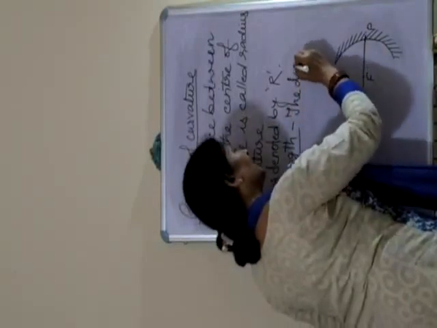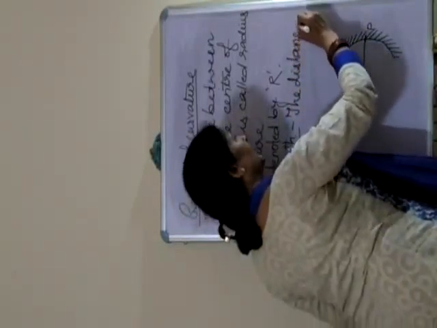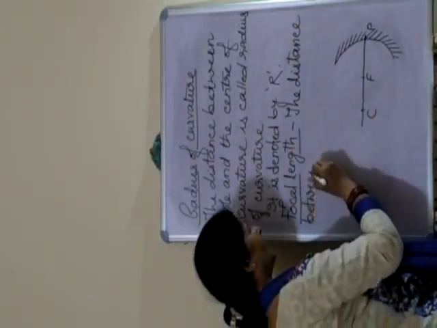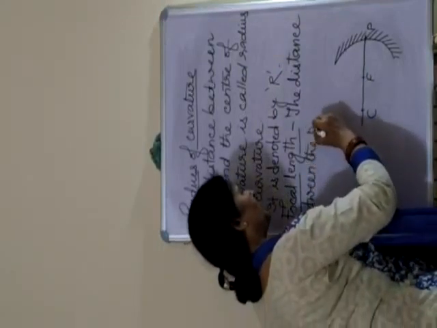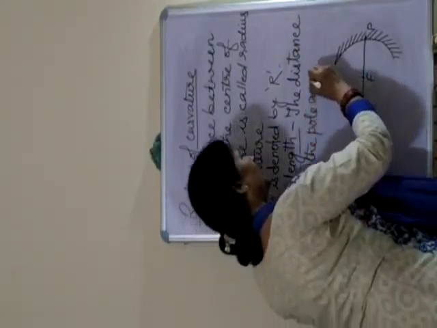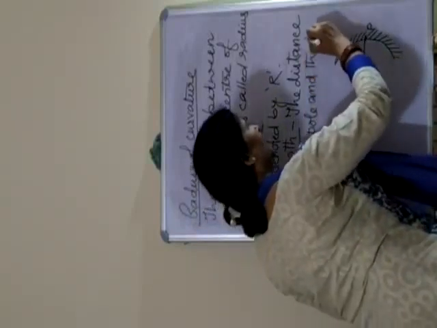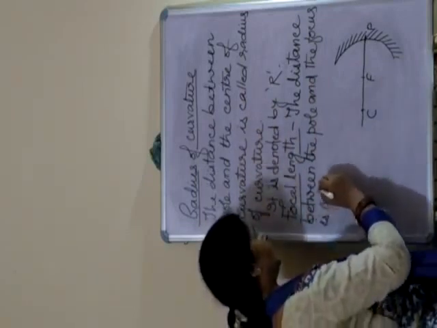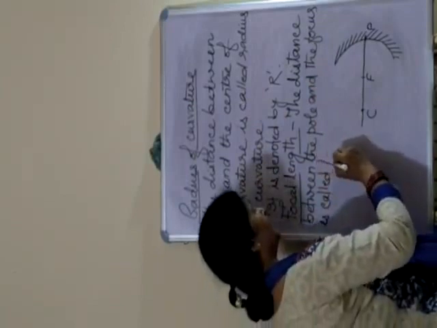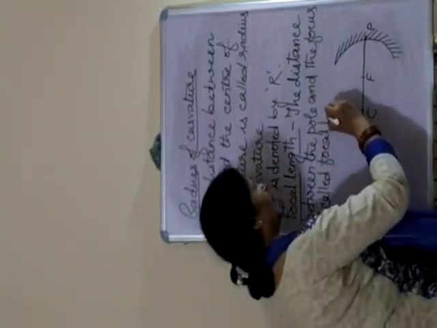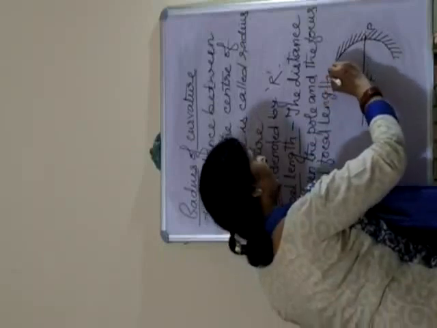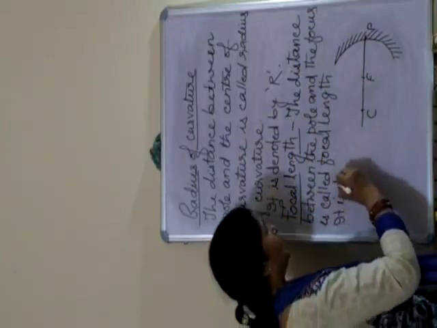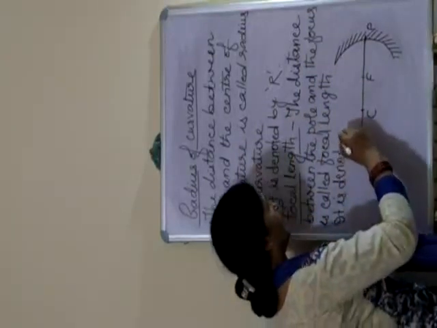The distance between the pole and the focus is called focal length. Generally, it is denoted by small f.